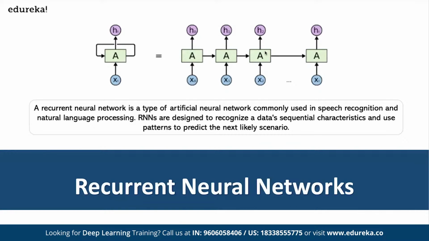Even when we implement it on a real-life data set, the performance of the algorithm will not be as per our expectation. That's one of the key challenges that we would observe when working with the recurrent neural network.